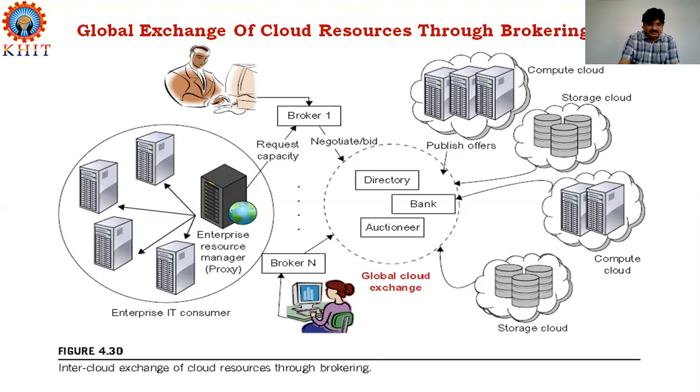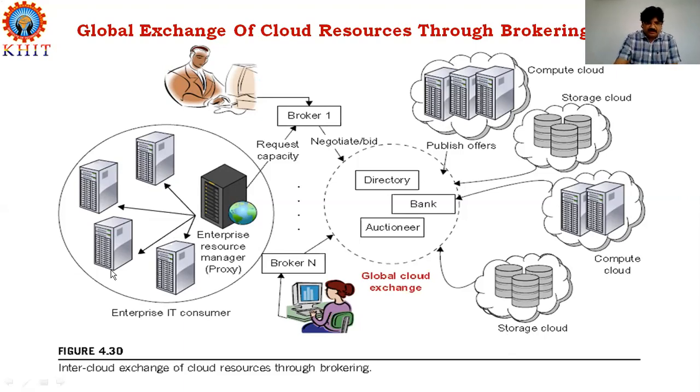Here one party is the enterprise IT consumer. Consumer in the sense of an end user, a company or an end user. The other is the cloud service providers. Here the cloud service providers are providing services like computing clouds and storage clouds. Different computing clouds and different storage clouds are listed here.